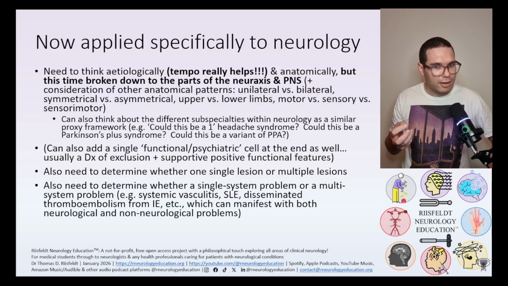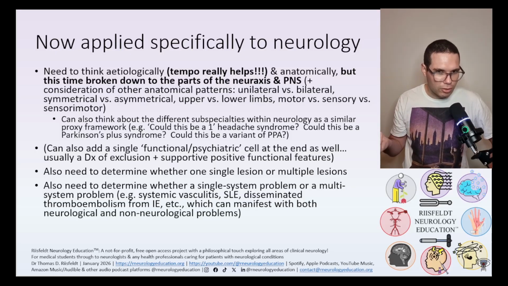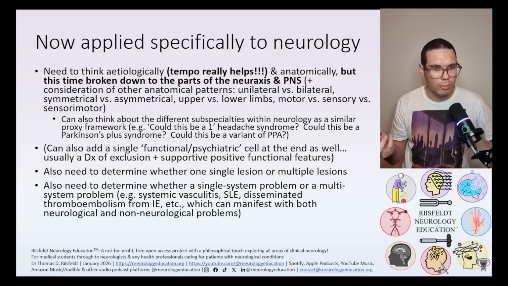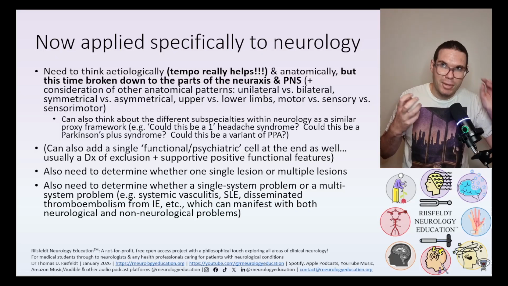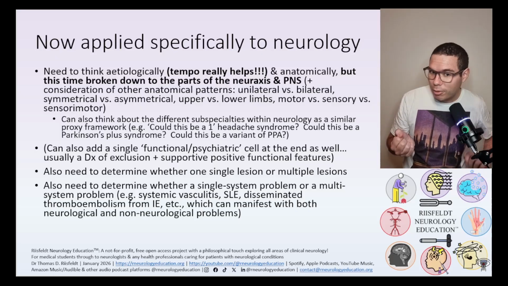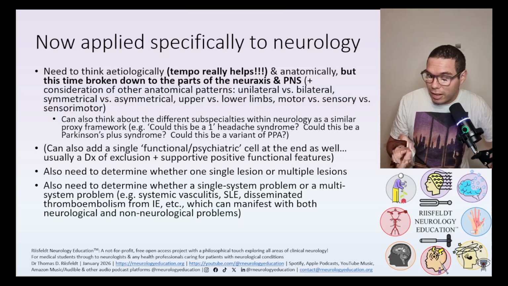People always say these days functional neurologic disorder or functional symptoms or psychological or psychiatric problems are not just a diagnosis of exclusion. I think honestly, you've got a strong case to disagree with that. I think it really is largely.